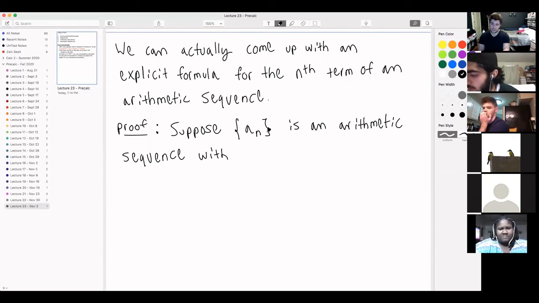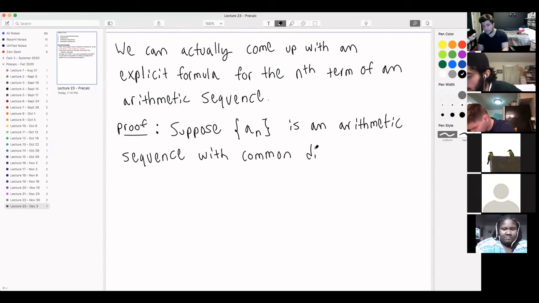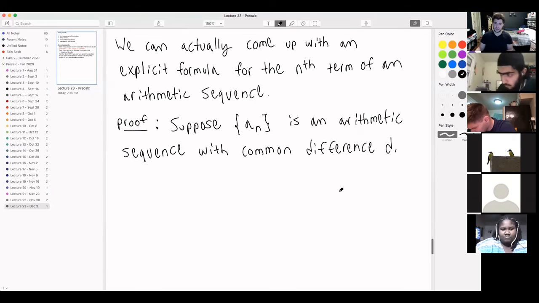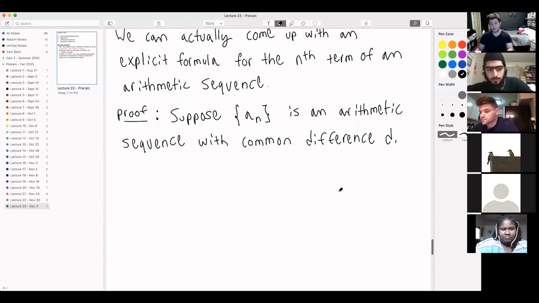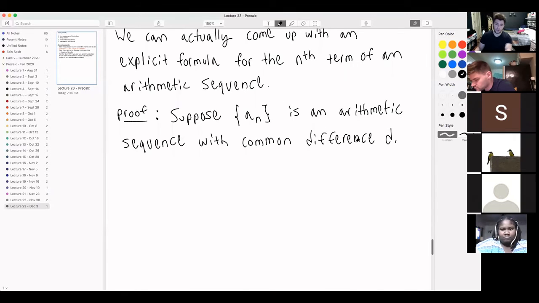Whenever I tell you something's an arithmetic sequence, I also need to tell you the common difference. So it's very general. This is not a concrete sequence, it's given abstractly. We would like to come up with a formula for the nth term. So we want a function f such that f of n is the nth term, just given this information. And we can actually do that.